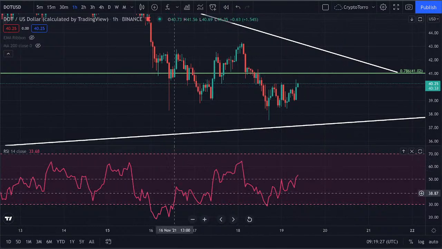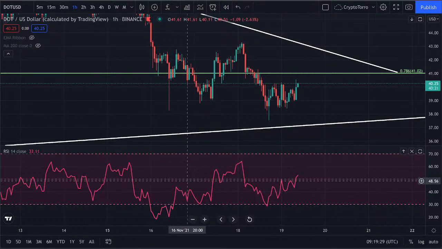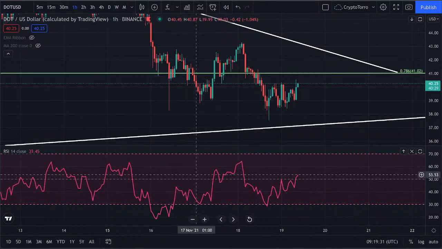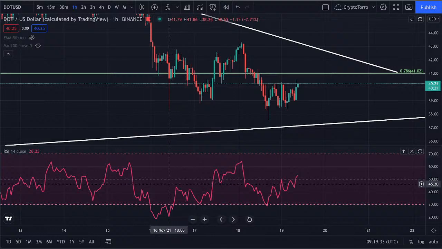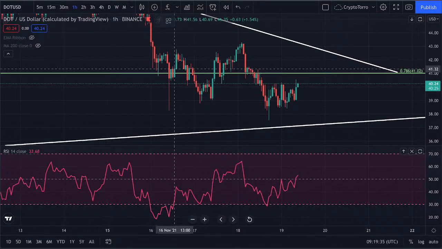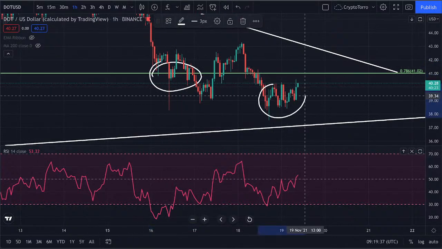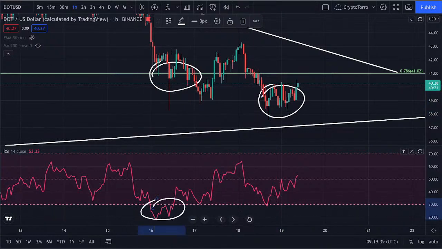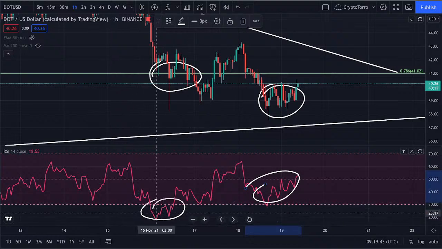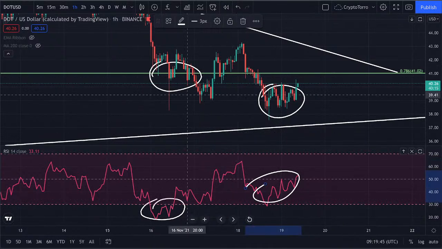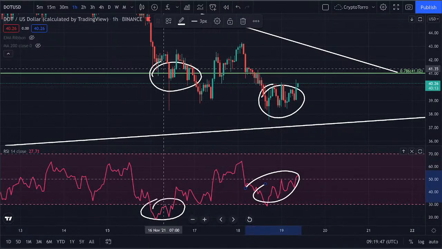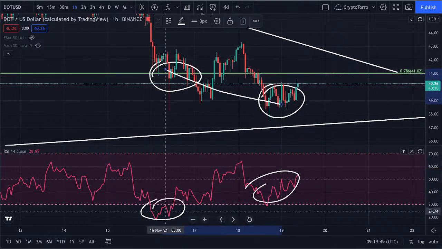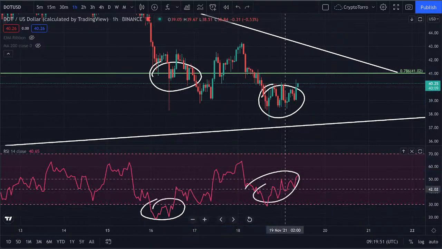And if we go a little bit further back, well, you can clearly see that right over here we were far higher than where we are currently at, and we were far lower than where we are currently trading at on the RSI. So therefore, this could be a bullish divergence due to the fact that we are creating a lower low and a higher low on the RSI. So this does actually look very good.